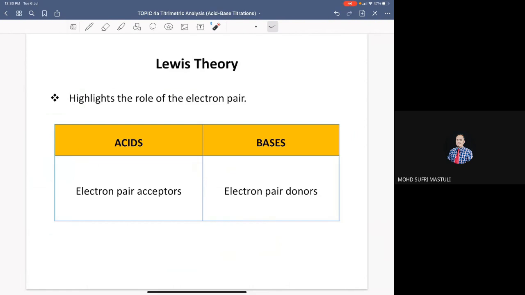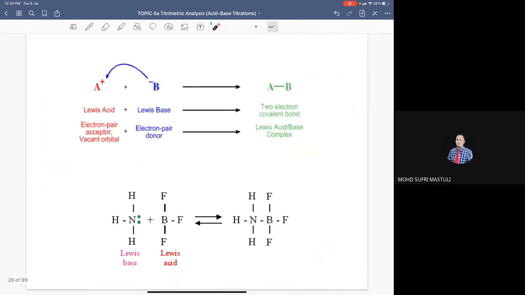However, in Lewis, acid is an electron pair acceptor and base is an electron pair donor. So you have to be clear about the difference between these three theories: proton, proton, electron. Produce proton, proton donor, electron acceptor for acid. Produce hydroxyl, proton acceptor, electron donor for base. You have to know the difference between these three theories.